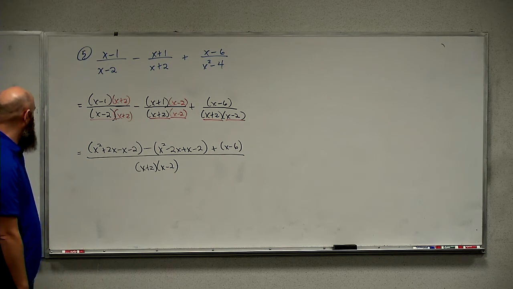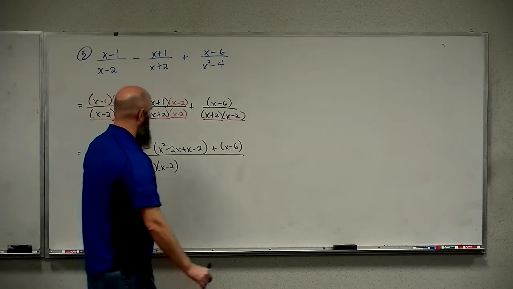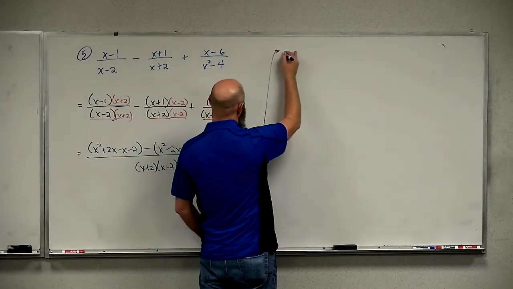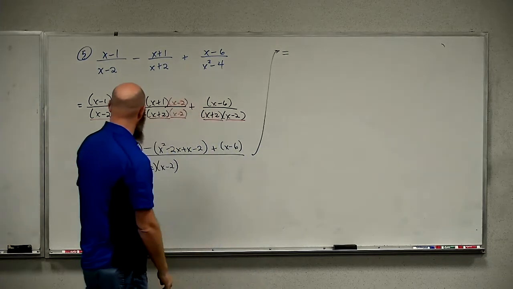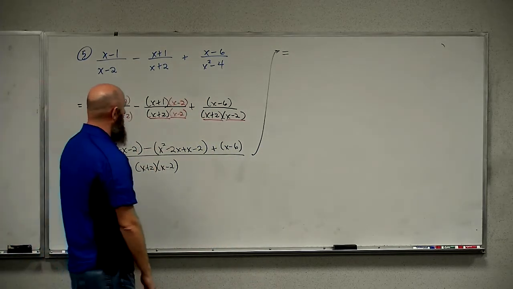All right, just checking my work real quick. A lot of places we can go wrong there. So I'm just making sure that I did my signs correctly. Okay, so I've checked my work. I'm pretty positive I didn't miss anything. So now I need to distribute this negative, and then I'll combine like terms.